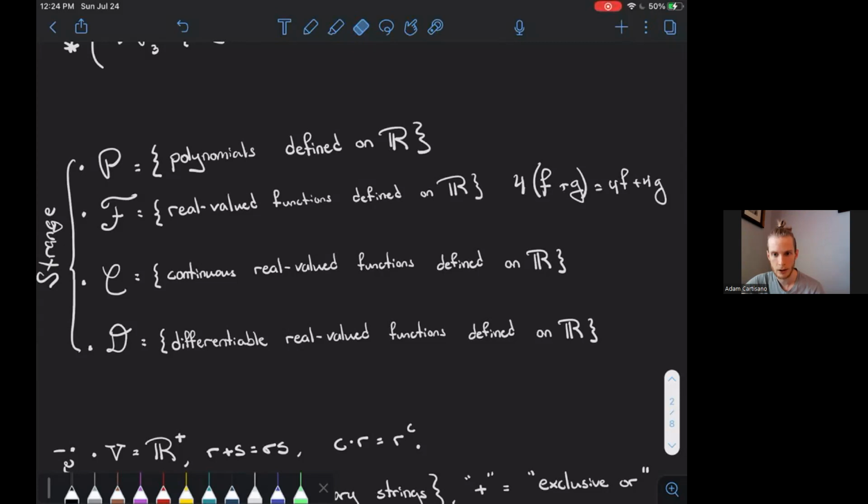What is the zero vector? Zero vector is y equals 0, like f of x equals 0, the x-axis. Go and add that to any real valued function. You will not change the function, like the output of the sum of those two functions is just the function that you started with.